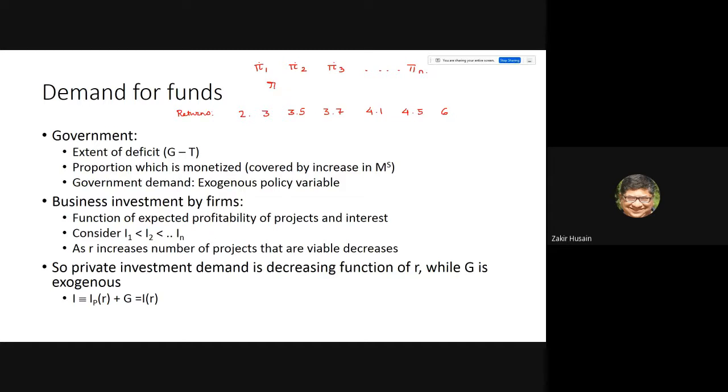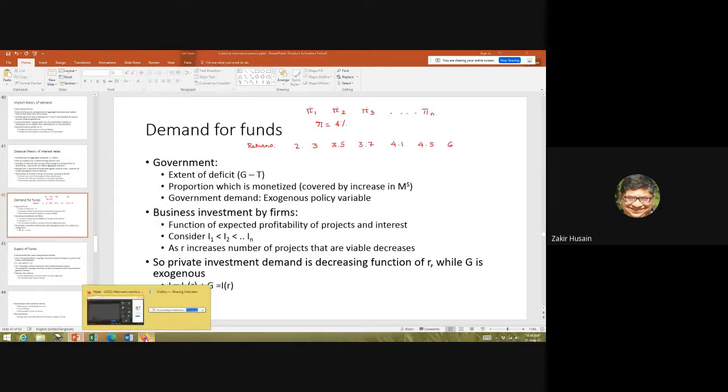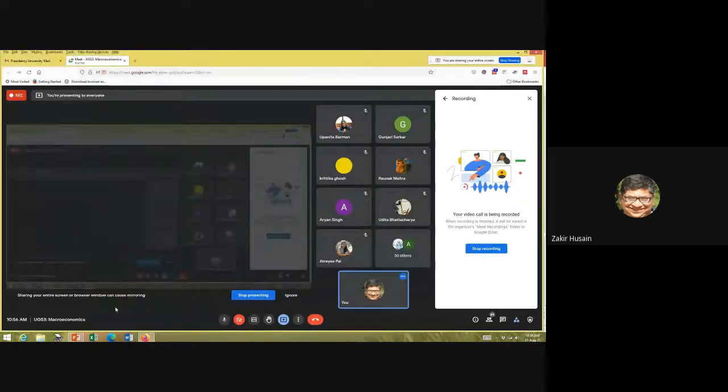Let us say that the rate of interest is 4%. Is this project feasible? Is I1 feasible? What's the matter?